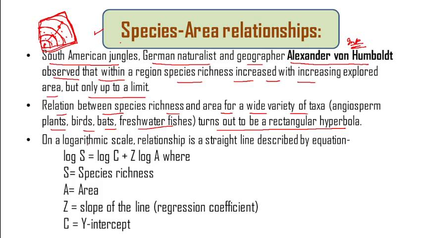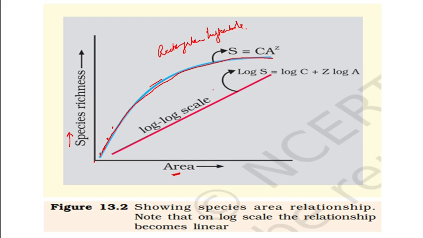So on a logarithmic scale, I'll read out this statement again. The relation between species richness and area for a wide variety of taxa turns out to be a rectangular hyperbola. Now on the log scale, what is the equation of this rectangular hyperbola? It is S = CA^Z.